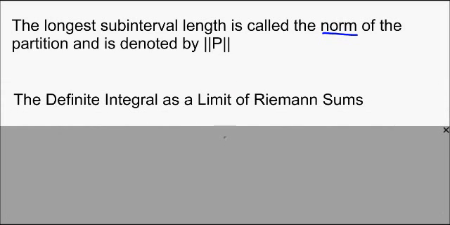Okay, you can write a definite integral. So remember, integrals are how you find the area under the curve. You can express the definite integral as a limit of Riemann sums.